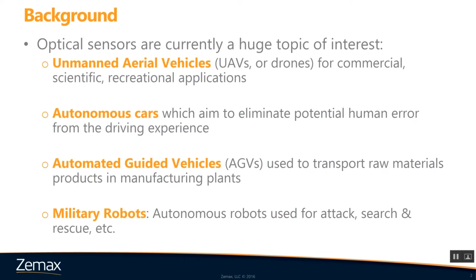Autonomous vehicles, and that's obviously a big one, trying to eliminate the human error factor that goes into the driving experience. Automated guided vehicles, those are more seen in factory settings to transport materials across the plant. And obviously military robots that can be used for attack, search and destroy, and a lot of other things.